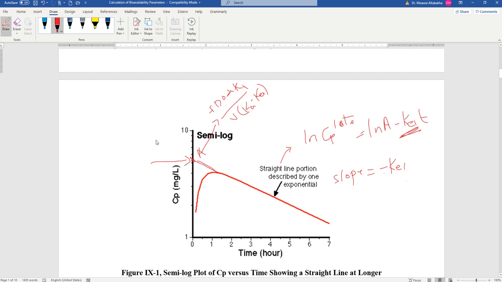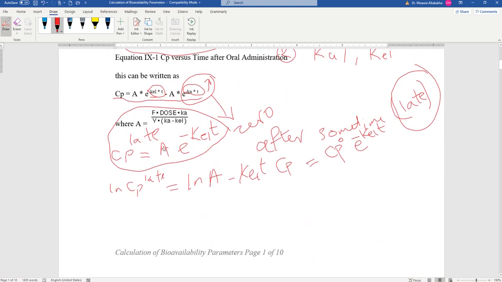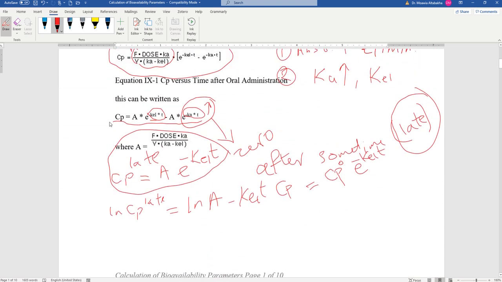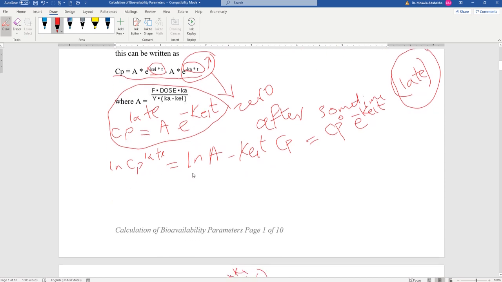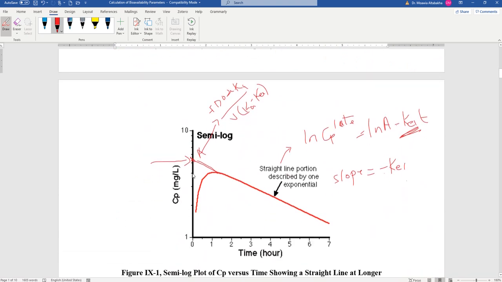Okay, where is the K? We still haven't calculated the Ka. Then let's go back. We decided that Cp late is equal to A e^(-KEL t). And while we wanted to calculate Ka, we actually calculated KEL.